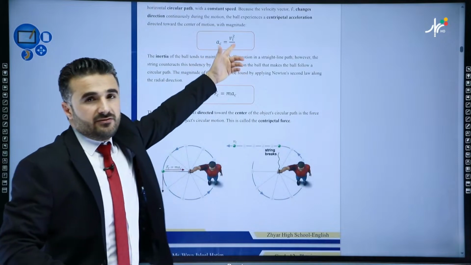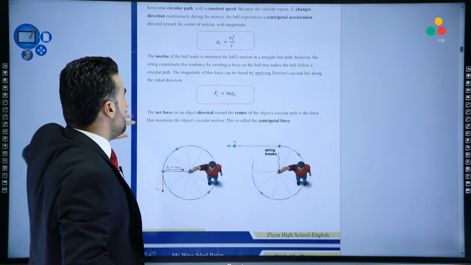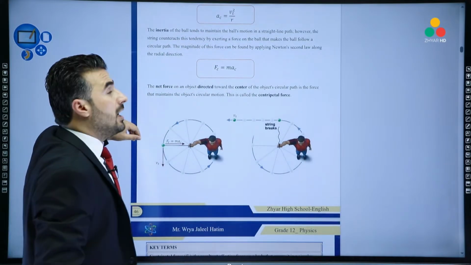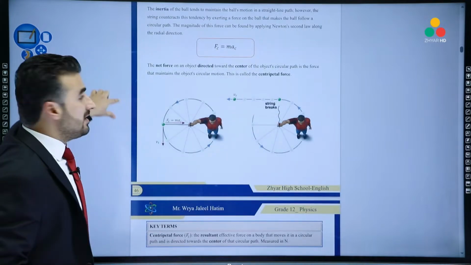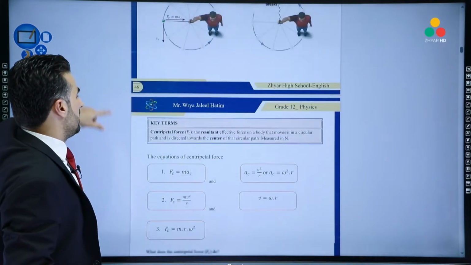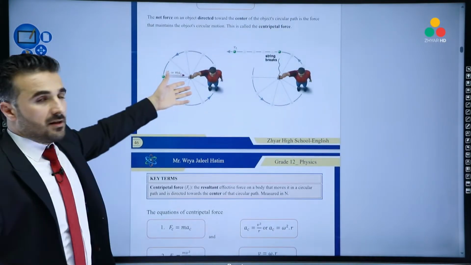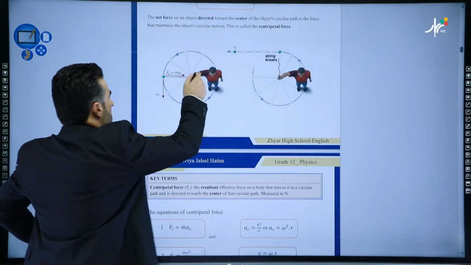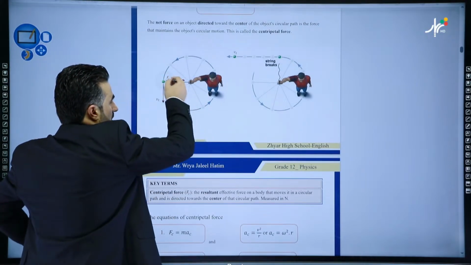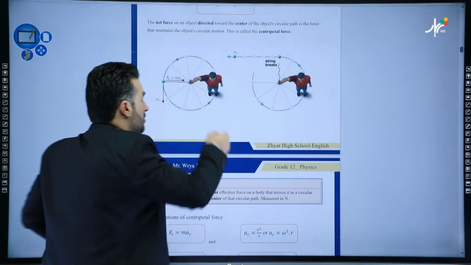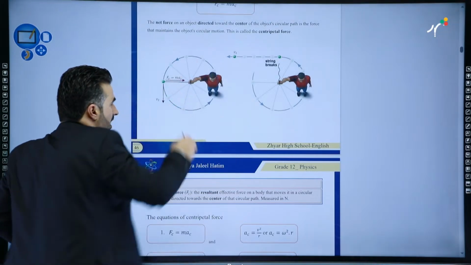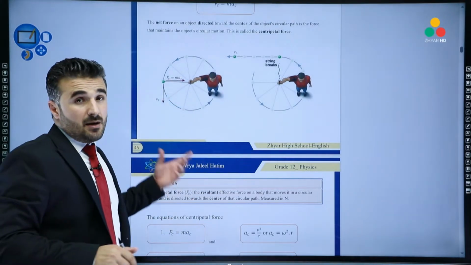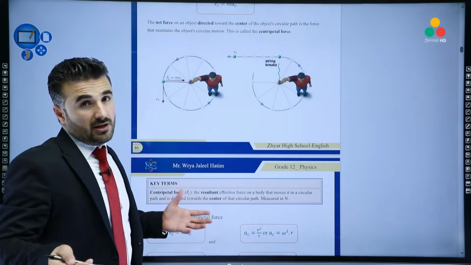And here are the equations for the acceleration of an object that is moving in a circle, due to the change in the velocity's direction. One more thing that we need to know: we said there is this mass, this object attached to the string, and we make it move in a circle. The force that keeps the object moving in a circle, we call centripetal force.